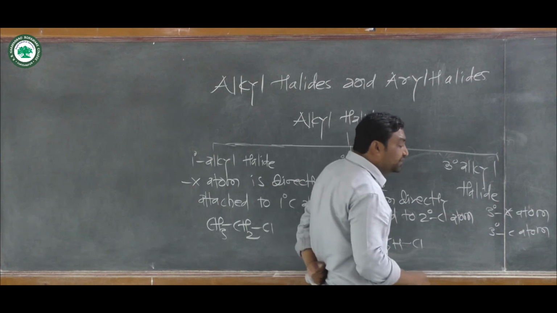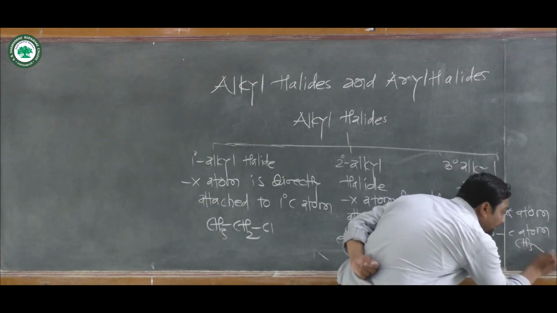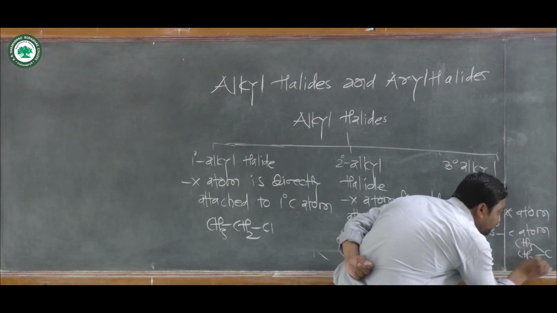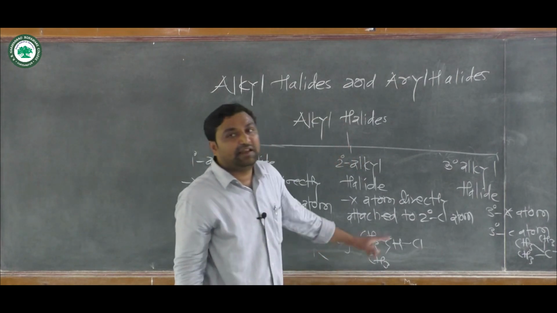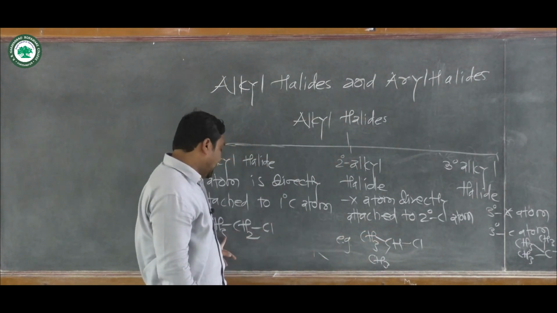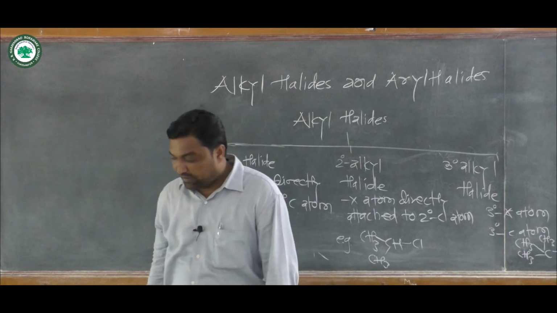The example of tertiary alkyl halide is tertiary butyl chloride. Okay, these are the examples of primary, secondary and tertiary alkyl halide.